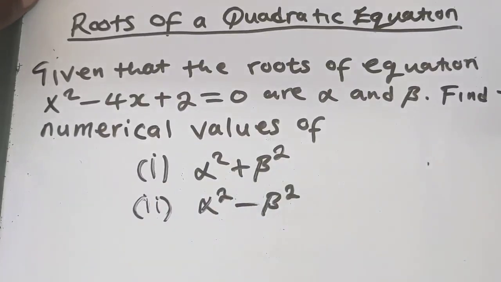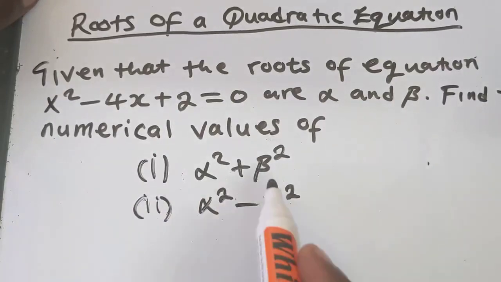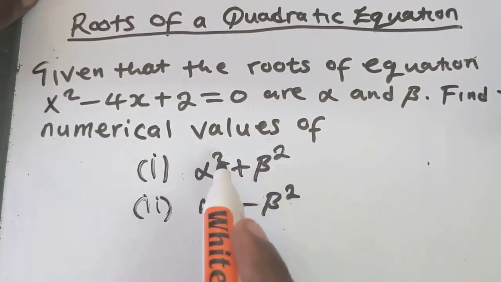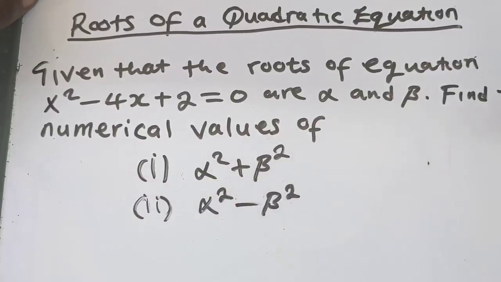So the question that he asked me is to find this. This is the question that I was asked to find, but it will actually involve this other question. That's why I've put this question right here.